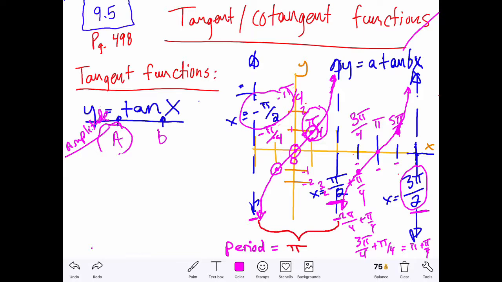Okay, so that's again our parent function, y equals the tangent of x. And this is going to be the behavior of tangent as, say, we went around the unit circle in a cycle. But notice our period length here is pi instead of 2 pi, and that it's also offset. In other words, it doesn't start here at the y-axis, but it's offset, and the y-axis is instead in the middle of the two asymptotes that define the graph.